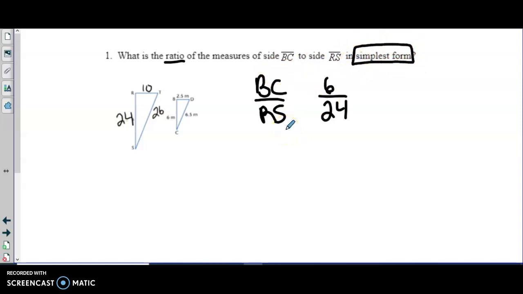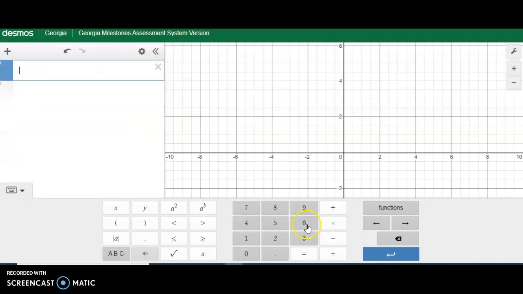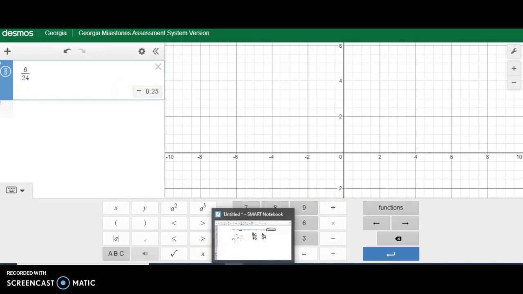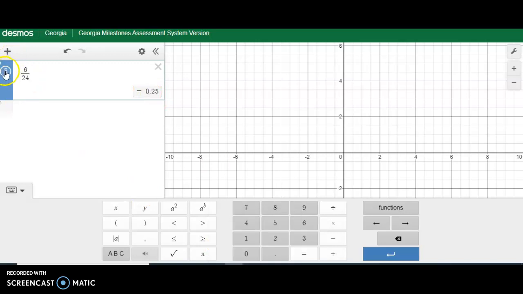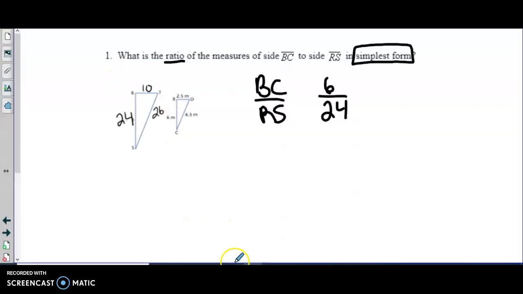For some of you, you can look at that and say, oh, I can divide each by 6, and you can reduce it that way. For some of us, we're going to want to use our calculator. Remember, calculators can reduce for you, so you're going to do 6 divided by 24. We don't want our answer as a decimal. We want it as a fraction, so we're going to hit this blue fraction button, and that reduces it for us to 1/4. So this ratio of BC to RS would reduce to 1/4.